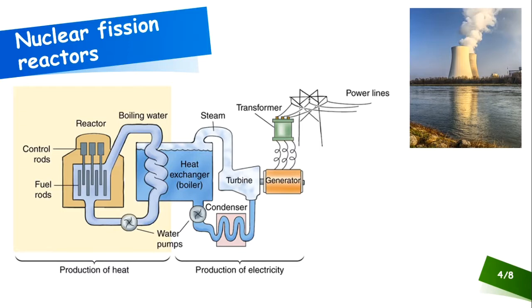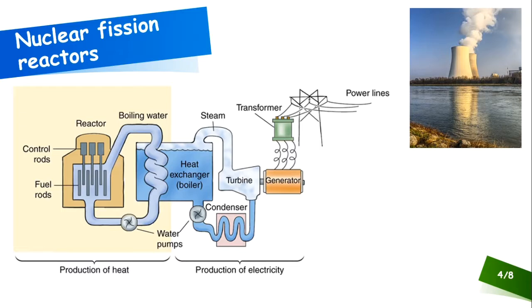We want to keep those two systems separate because the water that's in direct contact with the fuel rods becomes irradiated. So in order to contain the radiation, we keep that first system of water contained, and it heats the second system, which doesn't get irradiated as much, and that water is heated to form steam.